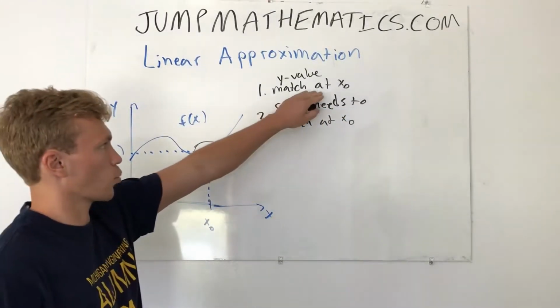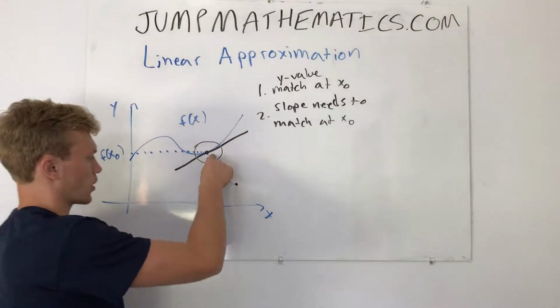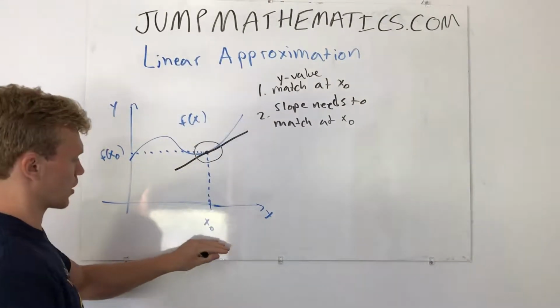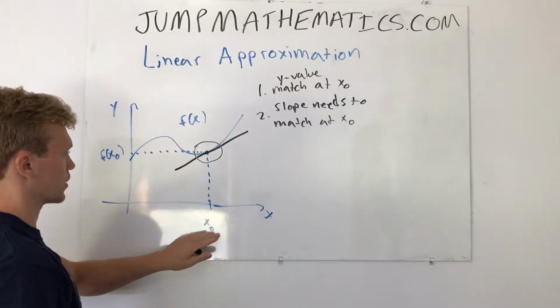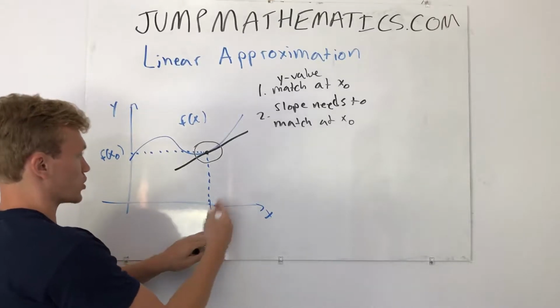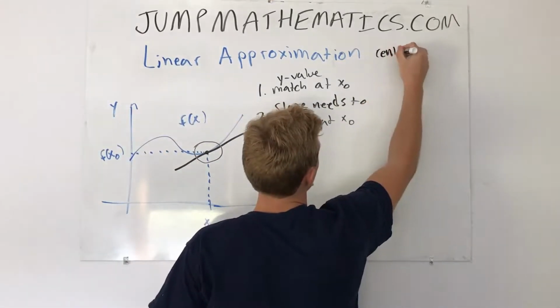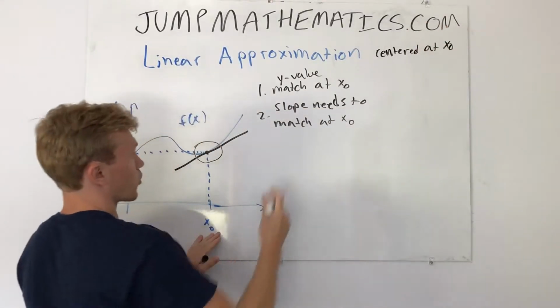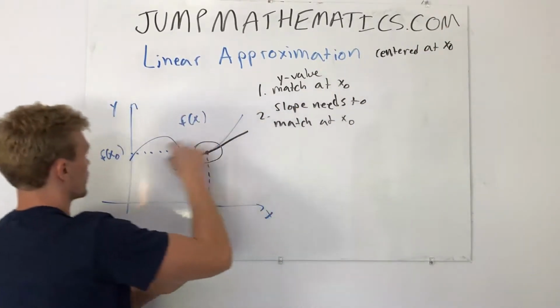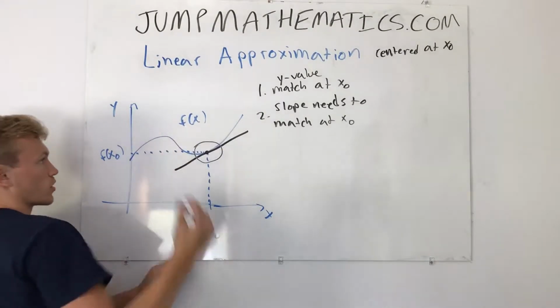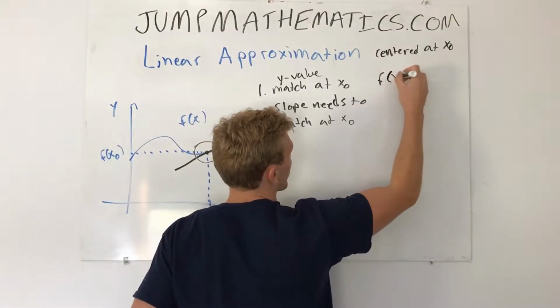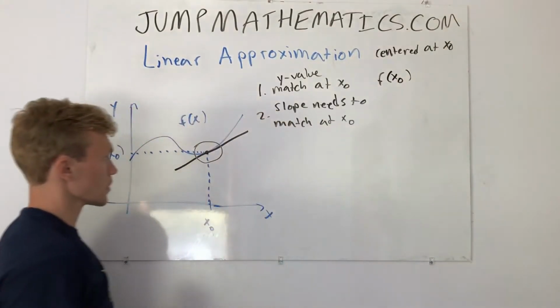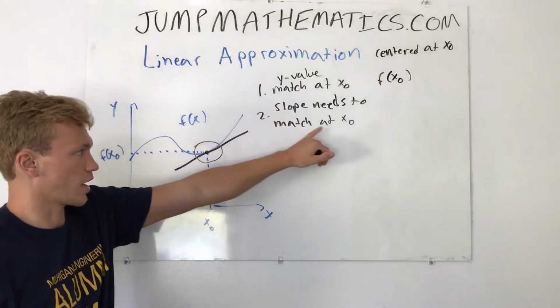So first let's calculate the y value of this point. x0 was just the arbitrary point that we picked to say our linear approximation is centered at x0. So the y value is just going to be, you plug x0 into f and you get f of x0. Okay?